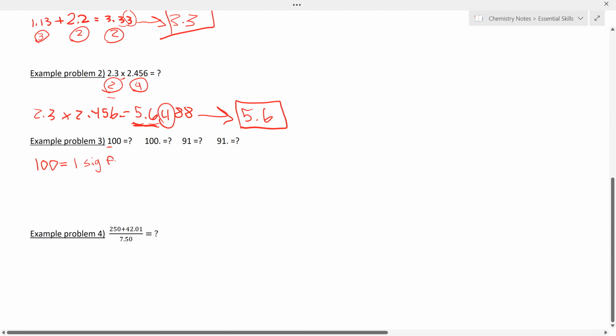That's it. And so if you're solving and you have this 100 in your equation without a decimal at the end, that means it only counts for 1 sig fig. Now, we have the case of 100 with a decimal at the end. That all of a sudden makes the zeros significant. So now this has 3 sig figs.